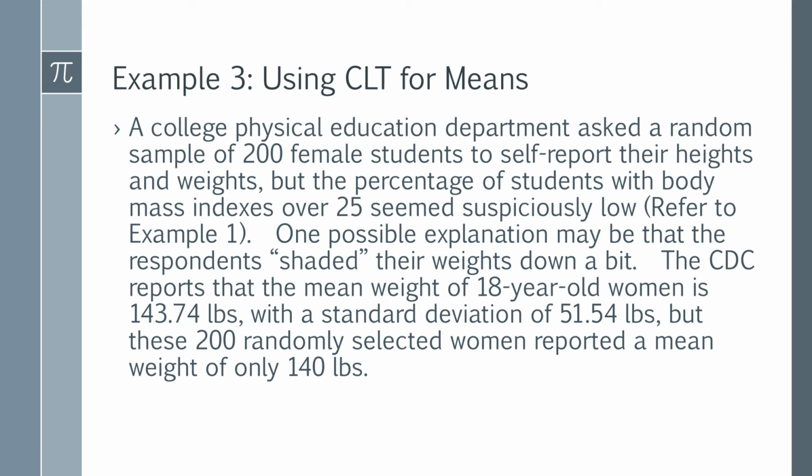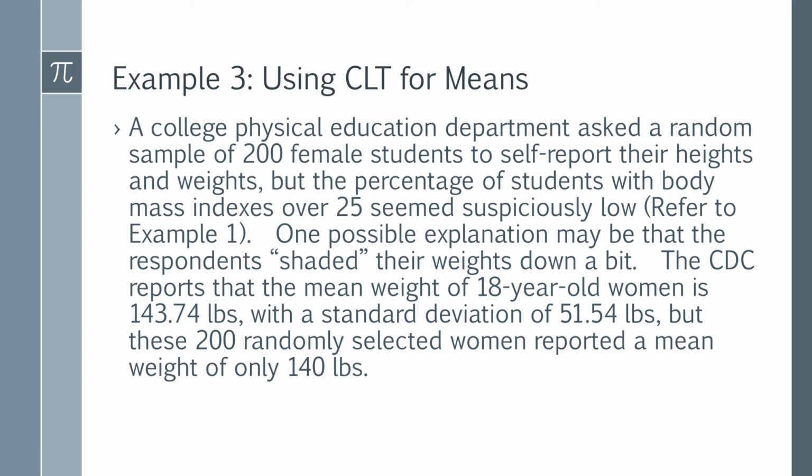Let's look at an example using the central limit theorem for means. A college physical education department asked a random sample of 200 female students to self-report their heights and weights. But the percentage of students with body mass indexes over 25 seems suspiciously low. This is what we talked about in example 1 in this chapter. One possible explanation may be that the respondents shaded their weights down a bit.